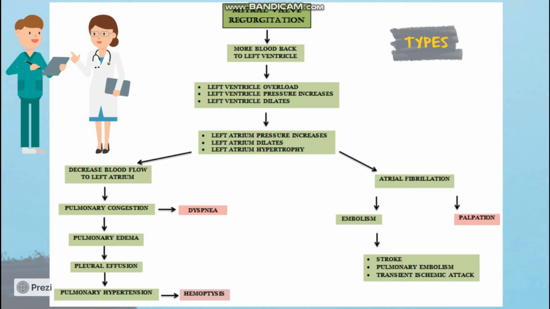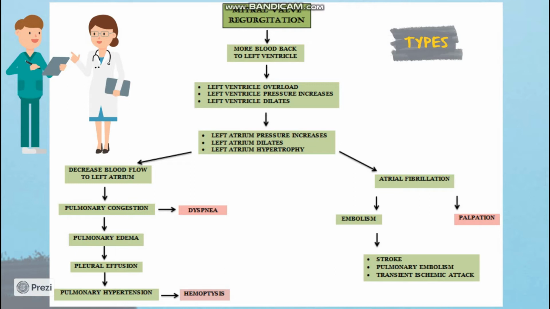Due to the dilated left atrium, patients may experience symptoms like palpitations and are inclined to atrial fibrillation. Atrial fibrillation predisposes to embolism, which can be presented as stroke, transient ischemic attack, and pulmonary embolism.